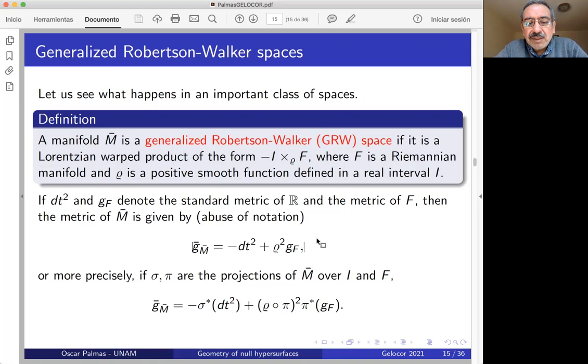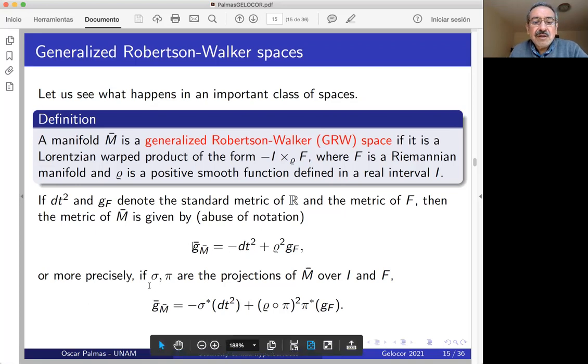Or more formally, if we define sigma and pi the projections of M bar over each one of the factors, then our metric is given in this form.